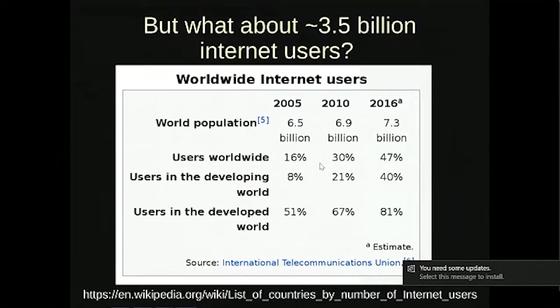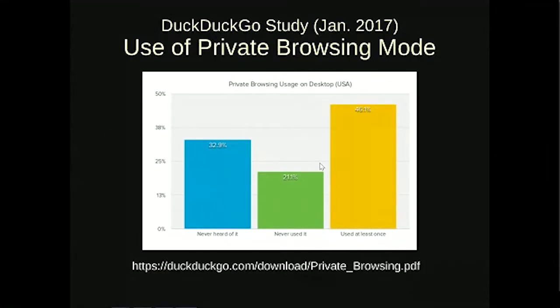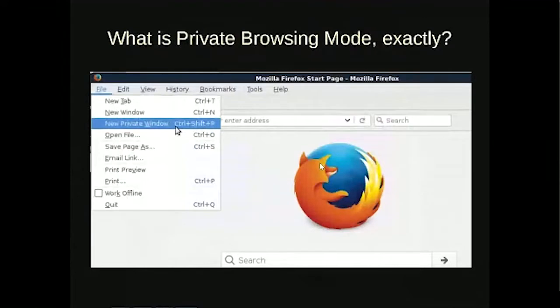There's something on the order of 3 billion internet users worldwide, and many of those users are using something called private browsing mode. You may be familiar with it from Firefox or Incognito mode in Chrome. There was a recent survey by DuckDuckGo, and they concluded that nearly half of people had used private browsing mode at some point. So what is private browsing mode exactly?